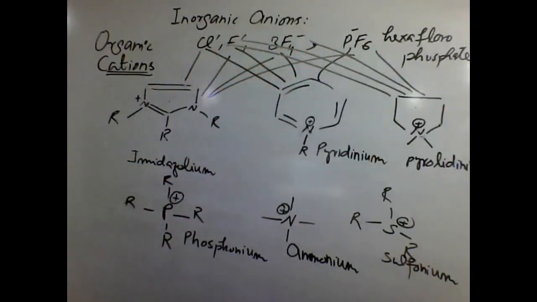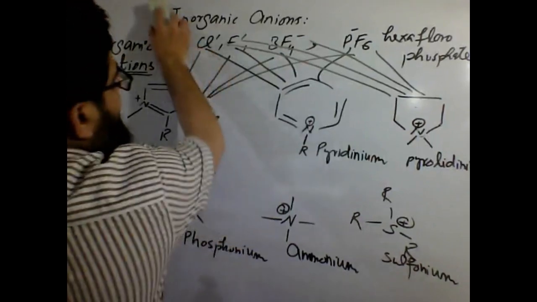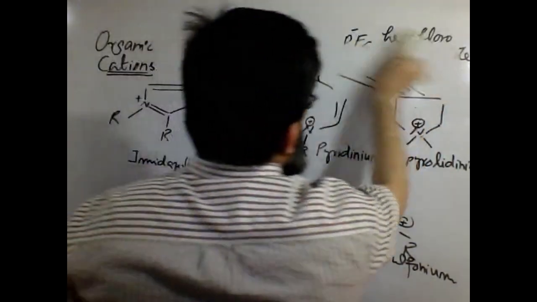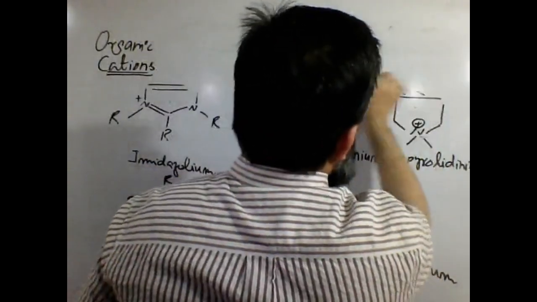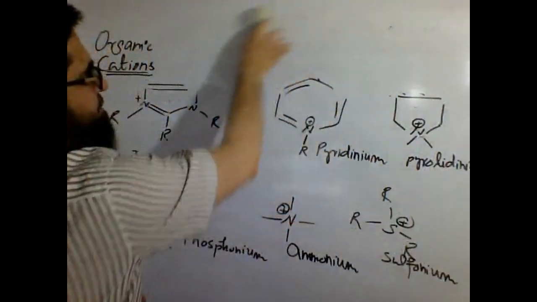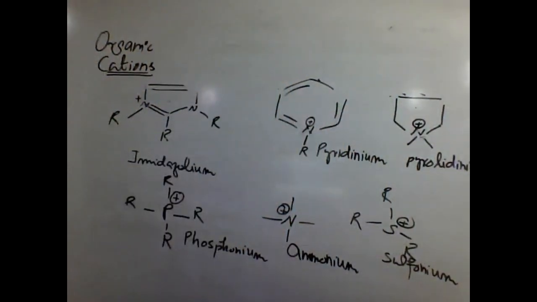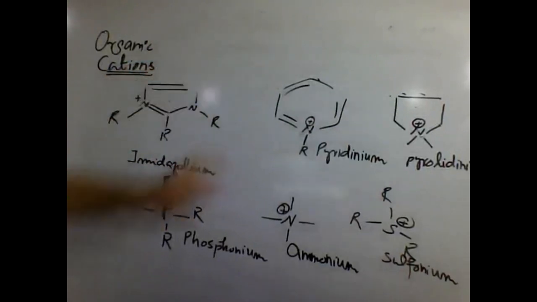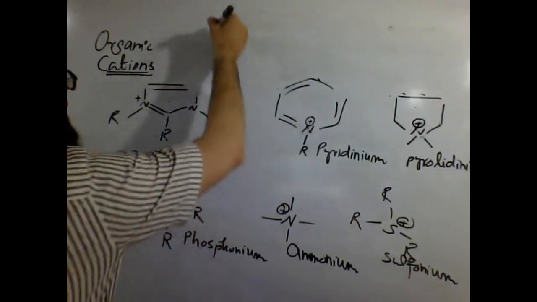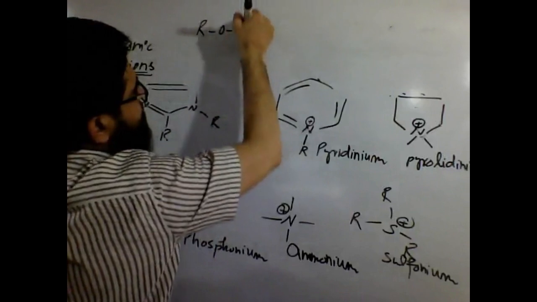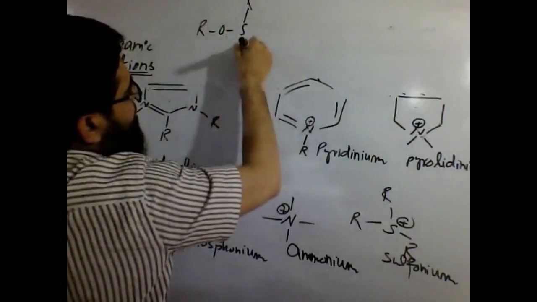Similarly, we can have anions in the form of organics as well. I've given you examples of anions which were actually the inorganic ones. We can have the organic ones. Let's say we can have alkyl sulfates.